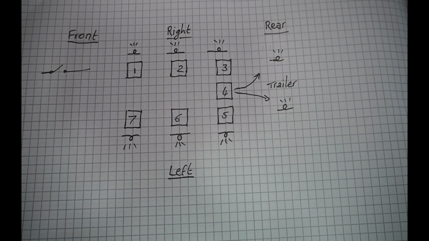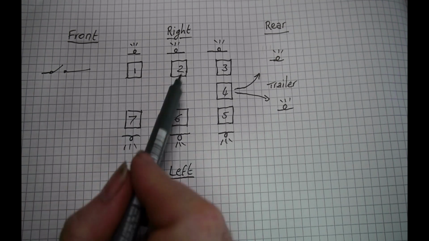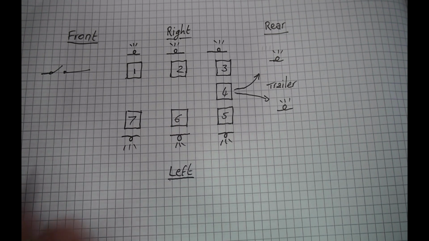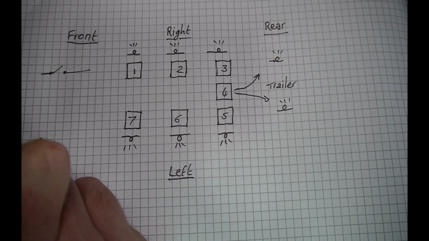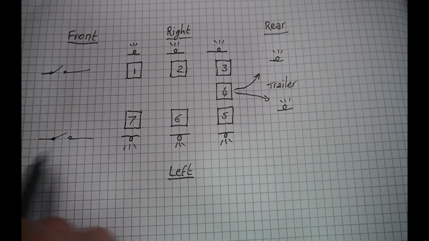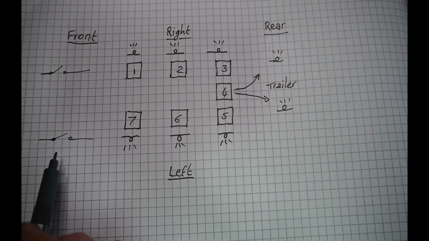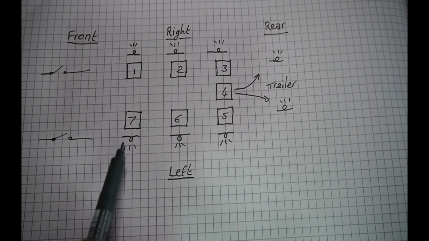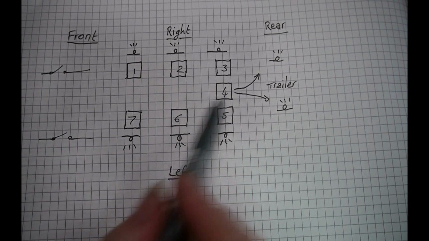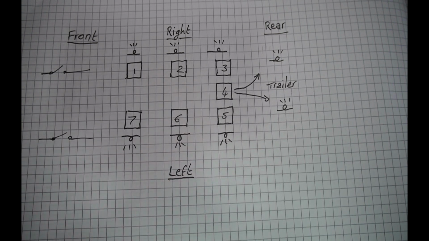And we have to know what their address is on this network to be able to send those messages to the specific node. Similarly, for the left indicator switch, we have to send a frame to node 7, node 6, node 5 and node 4 for the left indicators.